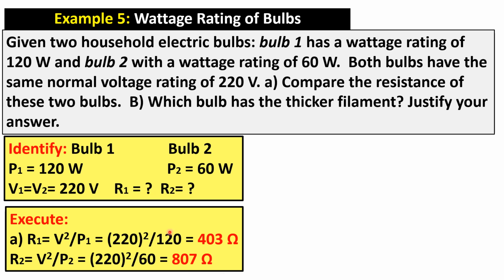Now, if those resistances are related such that R2 is almost twice the amount of R1, what do these values for R tell us about the thickness of the bulb filament? Remember, in an electric bulb, the filament is usually made of tungsten.